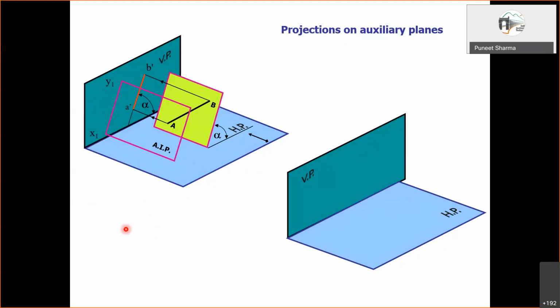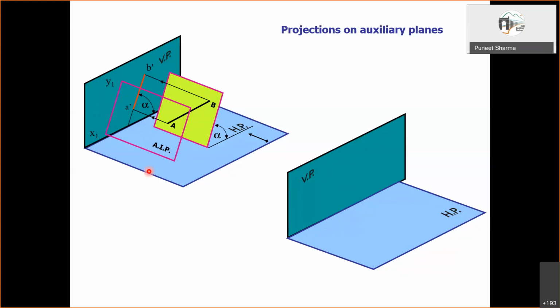The similar thing we can do here if we obtain the projections on this AIP, then about this XY we can rotate the projection and get it aligned with the vertical plane so that again both will be in the same plane.